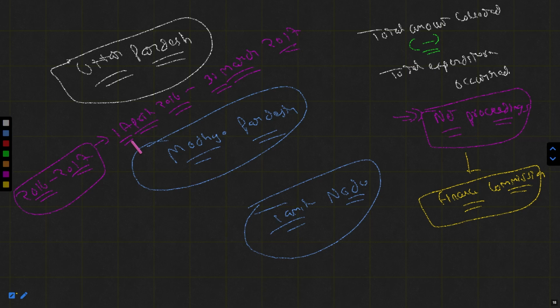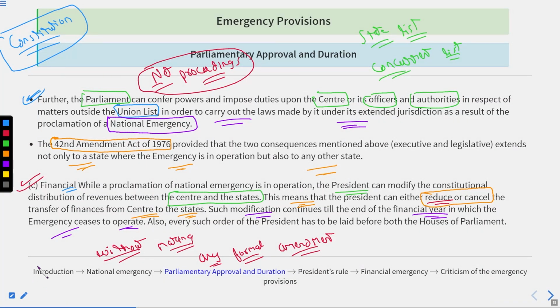If the emergency is in force during this time, then when the emergency is revoked, the provisions made during the year in which the financial emergency was in force will continue till the end of the financial year in which the emergency ceases to be operated. Also, every such order of the president has to be laid before the houses of the parliament. Then only the thing could be done.